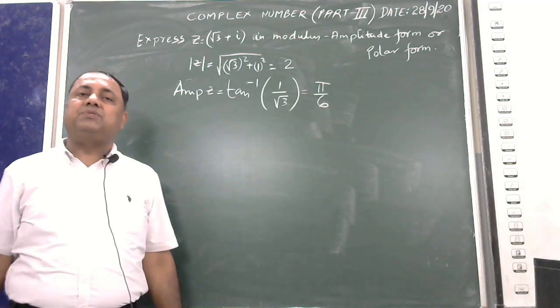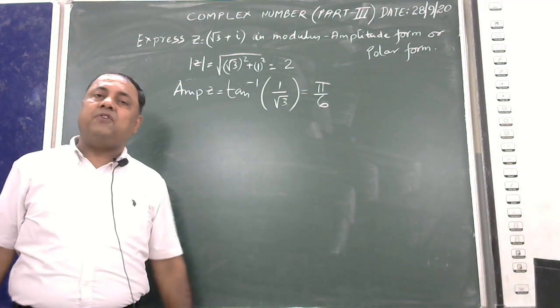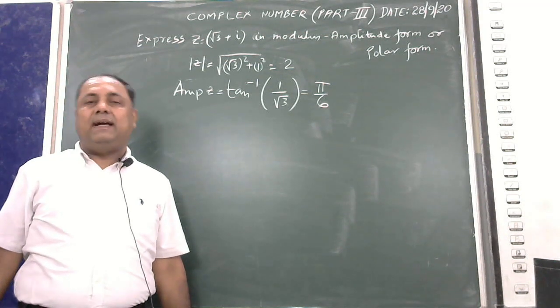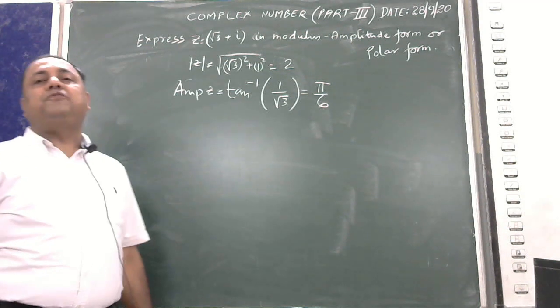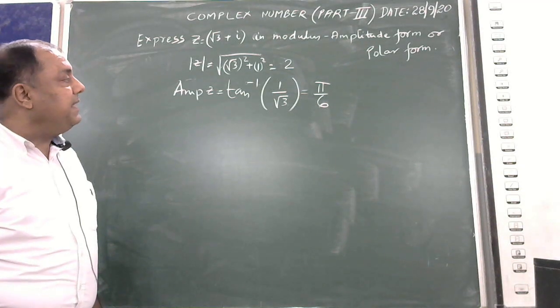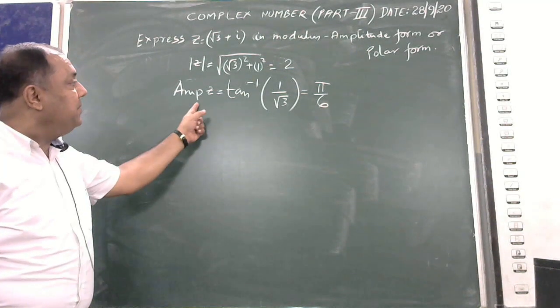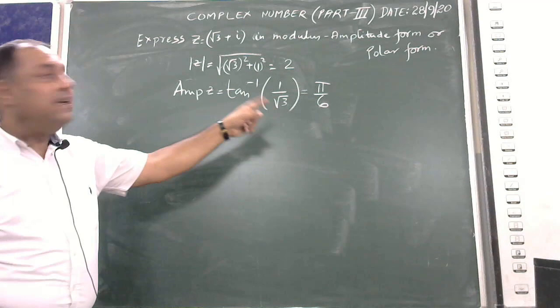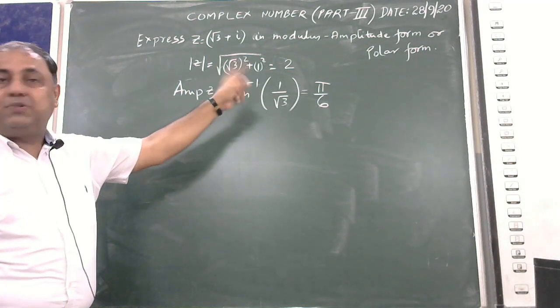Try to use this gradient form of angle in terms of pi. It is pi by 6. So my amplitude is pi by 6, my modulus is 2.